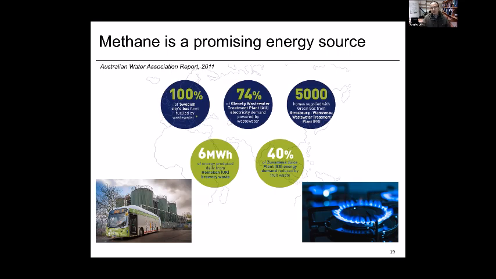Even though methane is a potent greenhouse gas, because biomethane is a major constituent of natural gas, if it can be captured, methane can be a great source of energy. In fact, in Sweden, more than 80% of the natural gas vehicles are running on biomethane produced from wastewater or food waste.